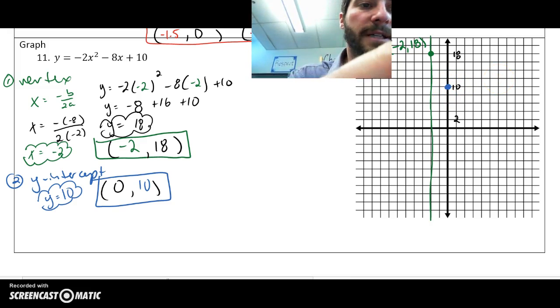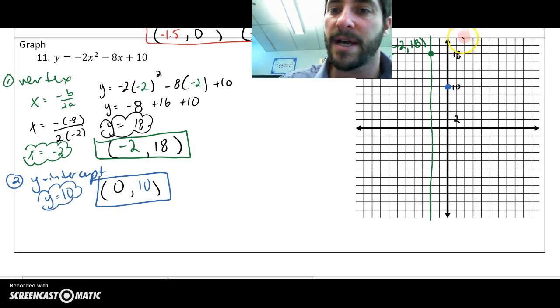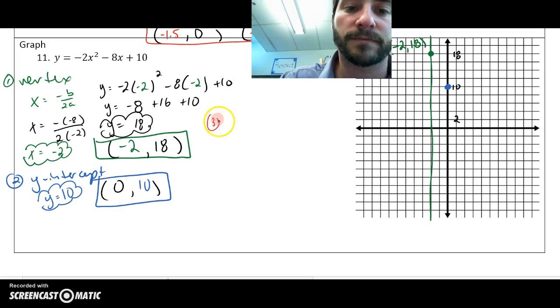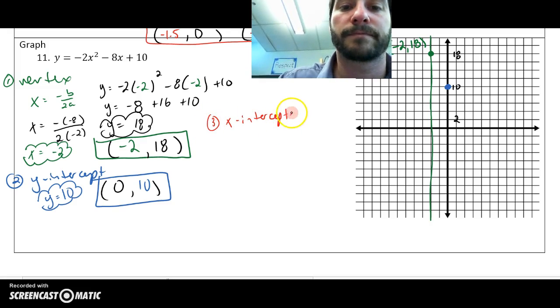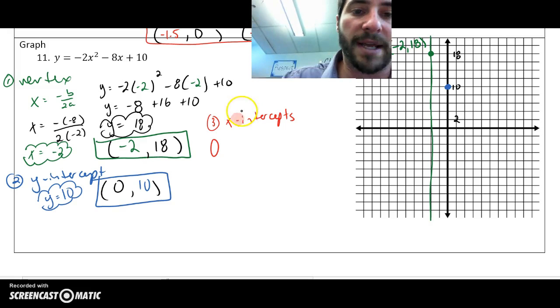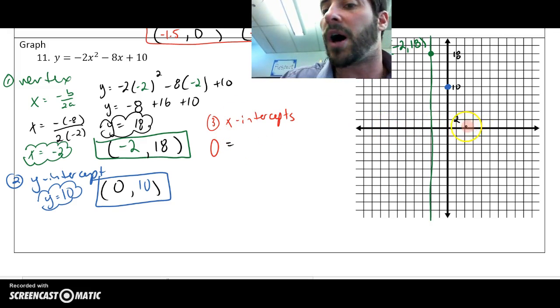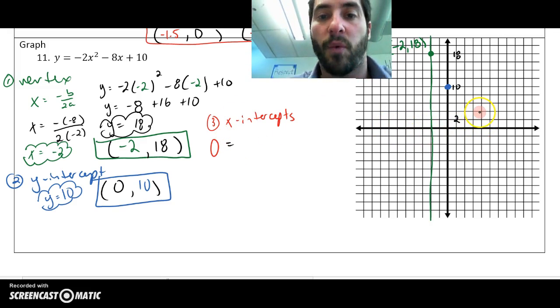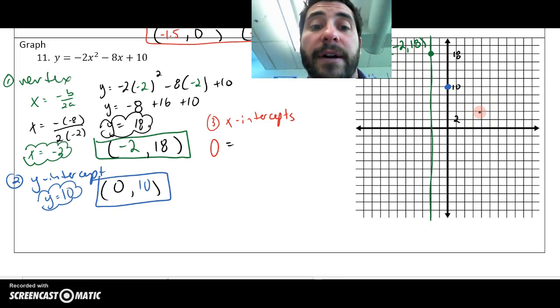Alright, last but not least, the x-intercepts. I know it will have x-intercepts because it's opening down. Okay, let's set the y equal to 0, because when we're on the x-axis, the y-coordinates of those points will be 0.